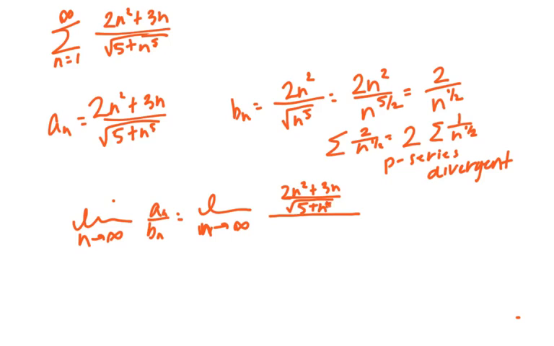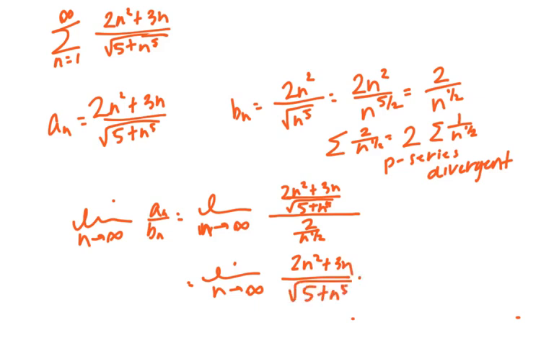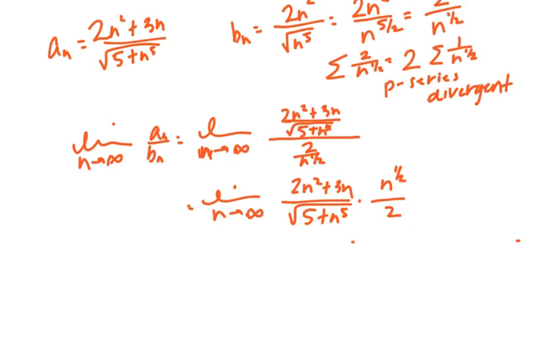And then on the bottom, the series on the bottom is 2 over n to the 1 half. So again, we have a fraction divided by a fraction. So we have 2n squared plus 3n over the square root of 5 plus n to the fifth times n to the 1 half over 2. This gets nothing but messy.